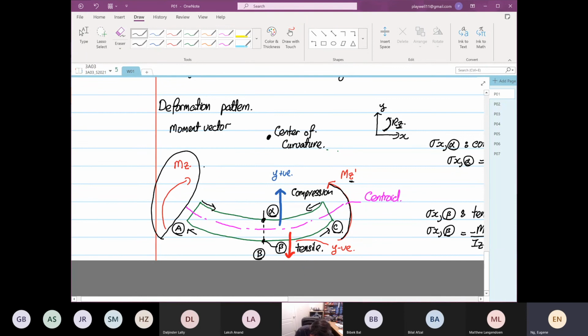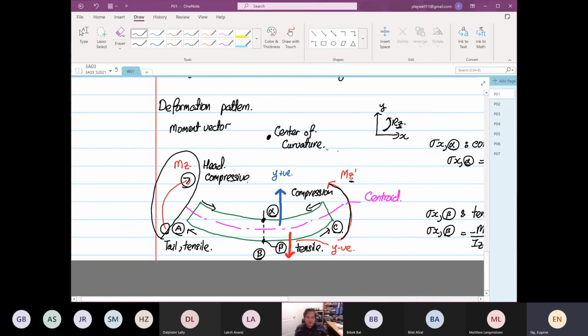The head of the arrow is always what? Compressive. The tail, okay, so this is the tail and this is the head. The tail is always going to be what? Tensile.